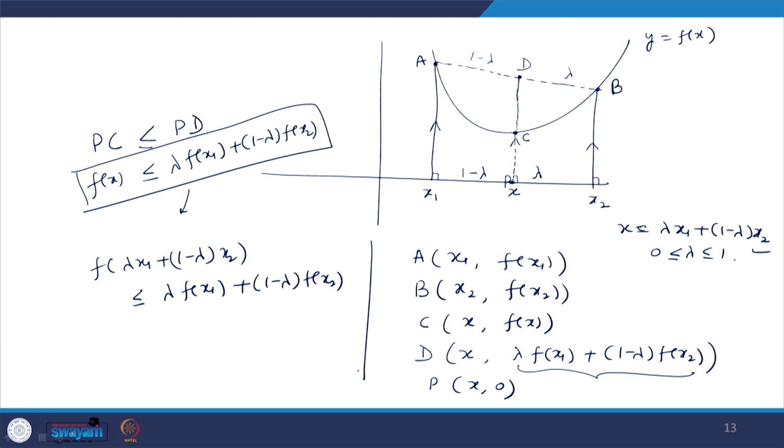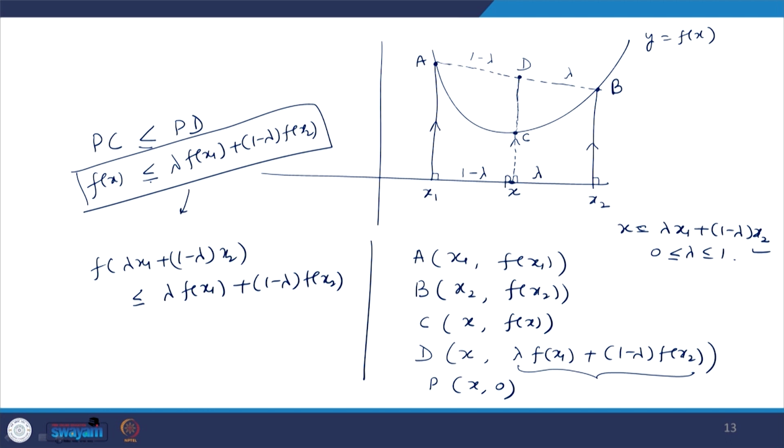So, what we have analyzed basically is that if you take any two arbitrary points on the curve and join the chord, then the chord is always above or on the curve. This chord is above the curve, that is why PC is less than or equal to PD. That is why this inequality is holding.